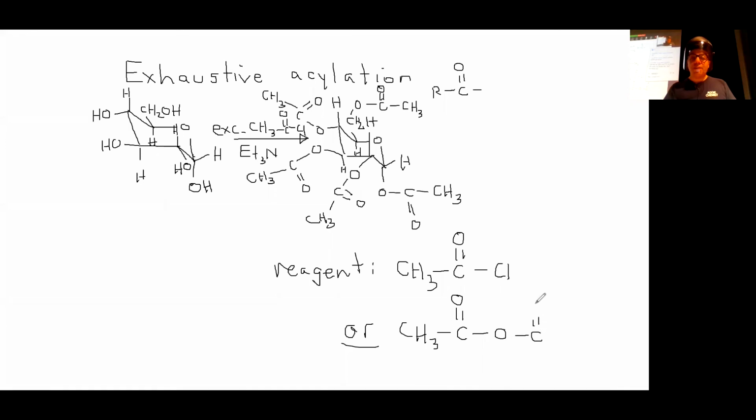And this is the one that you'll use if you want to make an acetate ester. There are other esters. You can make a propionate ester or a butyrate ester or a benzoate ester. So the CH3 can be swapped out for any other group that you might like. But the other reagent that you can use is the corresponding acid anhydride, which looks like this.